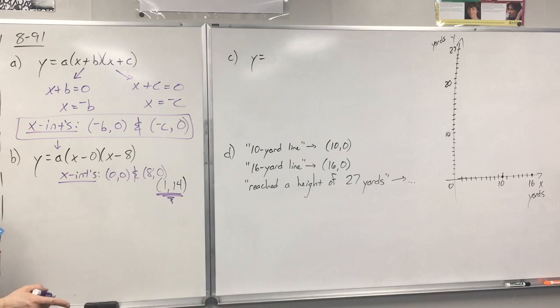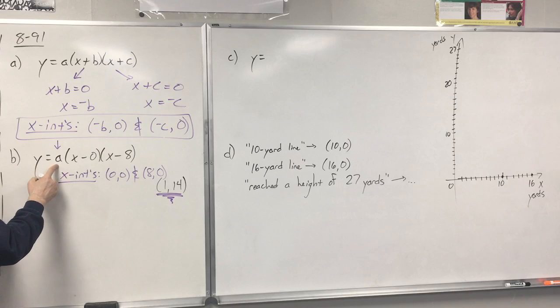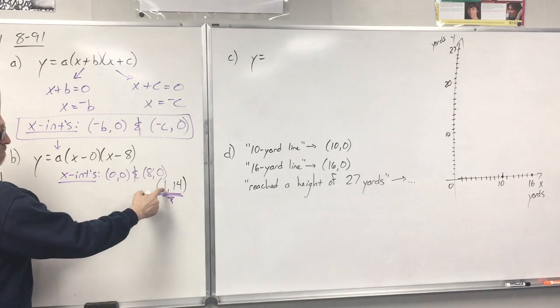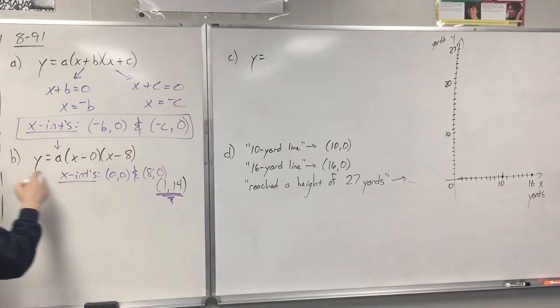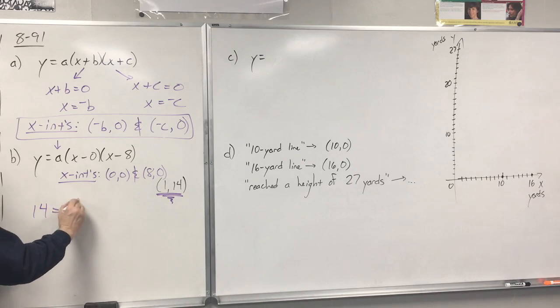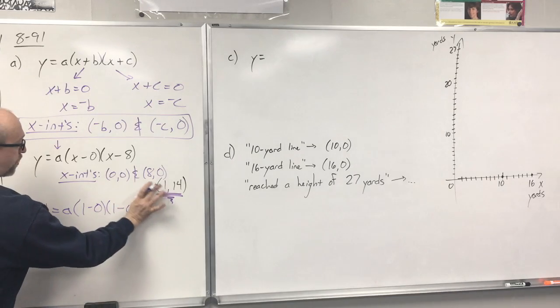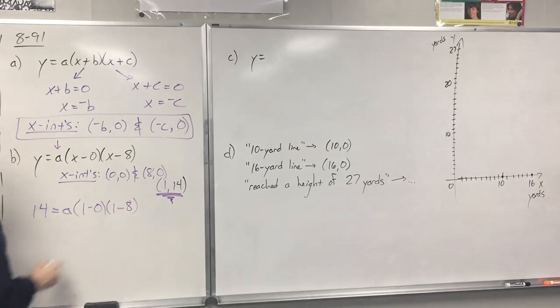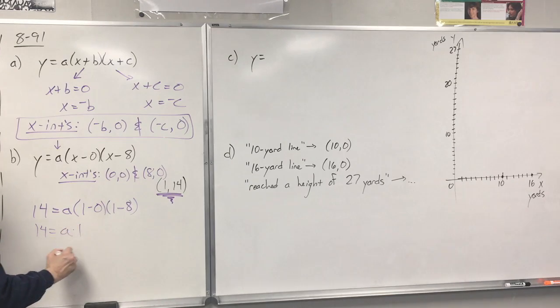What that tells me is, sure, I've got x-intercepts, but in order to finish this equation, I need to plug in a number for x everywhere there's an x, and plug in a number for y, and just solve for a. So y is 14, x is 1. Let me solve this. 1 minus 0 is 1.